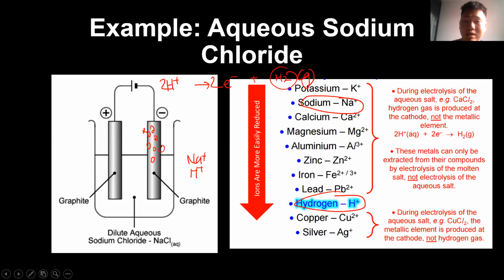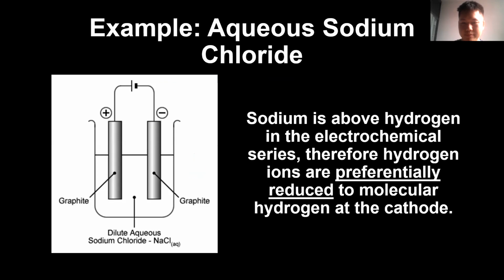So this is how we determine which positive cation will be discharged. Since sodium is above hydrogen in the electrochemical series, hydrogen ions will be preferentially reduced to molecular hydrogen at the cathode. So this is what happens at the cathode.